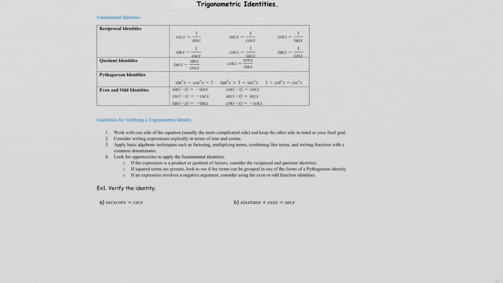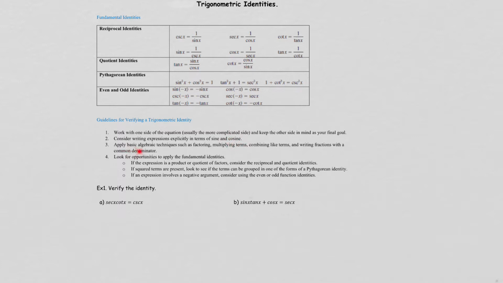The first step is to pick which side you're going to work on. Usually the complicated side, you're going to start working on, because you have more to do with that longer or complicated side. Once you pick which side you're going to work on, you want to change all the terms into sine and cosine.